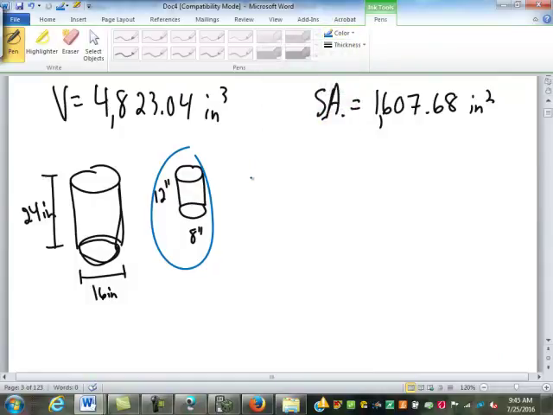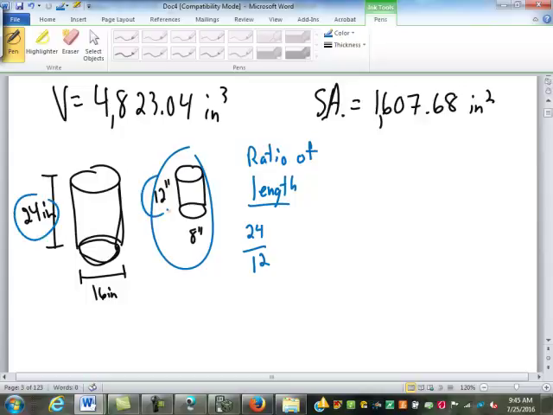Where do we start? Well, the first thing we have to figure out is what? The ratio of lengths. Good, yeah, the 24:12. So the ratio of lengths, 24 becomes 12, or you could have done 16 becomes 8.